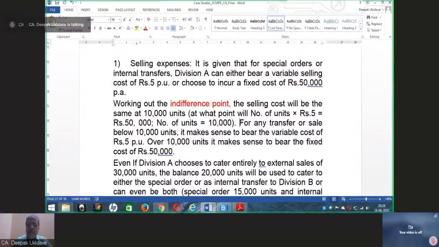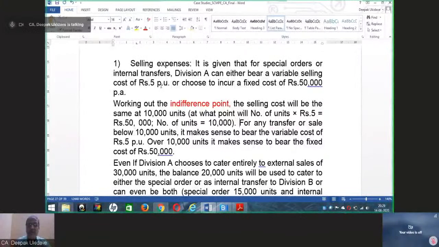All of you are getting it? If your number of units to be transferred internally is less than 10,000, say 8,000, then 8,000 into 5, 40,000 rupees, is the variable selling cost. That variable selling cost of 40,000 is less than the 50,000 fixed cost. So obviously, if you are planning to transfer internally less than 10,000, it is the variable selling cost that will be more beneficial. Whereas if you are transferring anything more than 10,000 units, then fixed cost will matter.